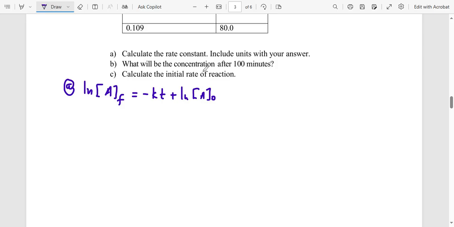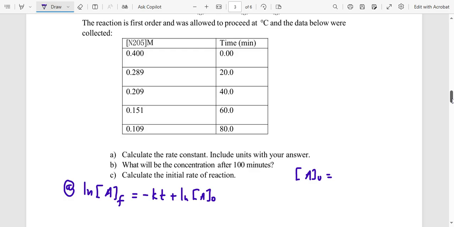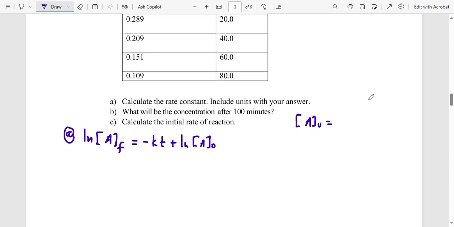So you can choose any two data points, but remember you need to have the initial. Let's say we pick the initial concentration as the one at time equal to 0. You can say that's 0.4. And then get any other concentration that you are going to call the final concentration.